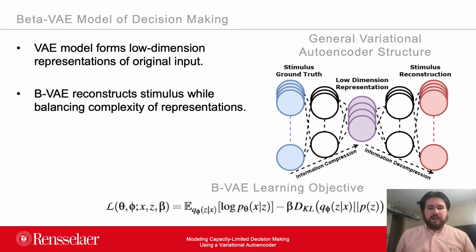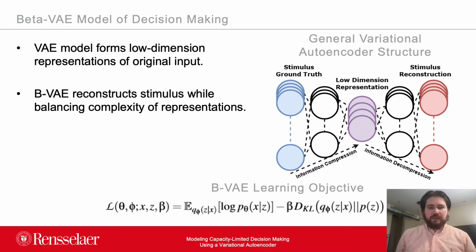Beta VAEs are a type of VAE that add a term to the learning objective of the model that additionally constrains the informational complexity of the low-dimension representation. This allows the model to balance the accuracy of the reconstructed stimulus with the informational complexity of the model.